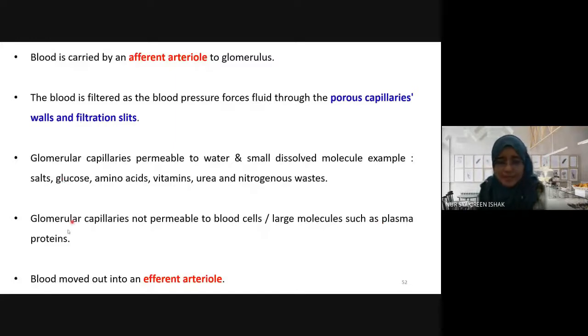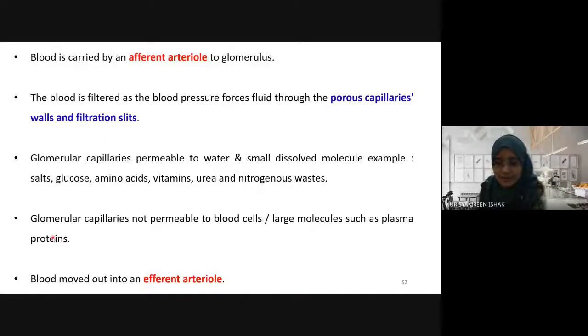Tapi kalau blood cells, okay, especially red blood cells and also blood plasma protein, dalam blood plasma ada protein kan, macam all other proteins that maintain a stable fluid concentration in the blood.